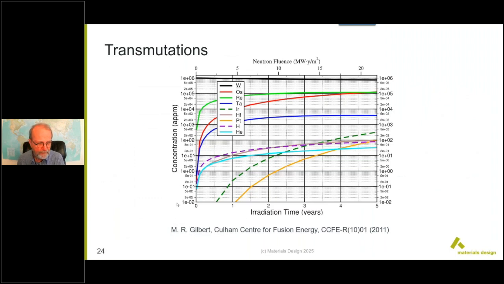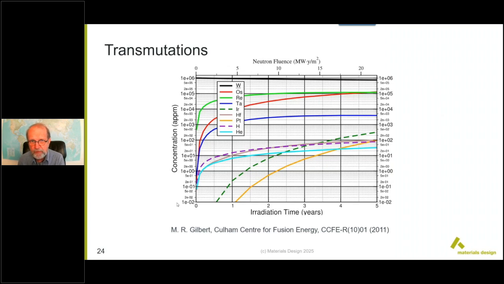Another issue that Gerhard mentioned is if you expose these materials, for example, tungsten, to a neutron flux at a certain fluence, you are transmuting tungsten into other elements.